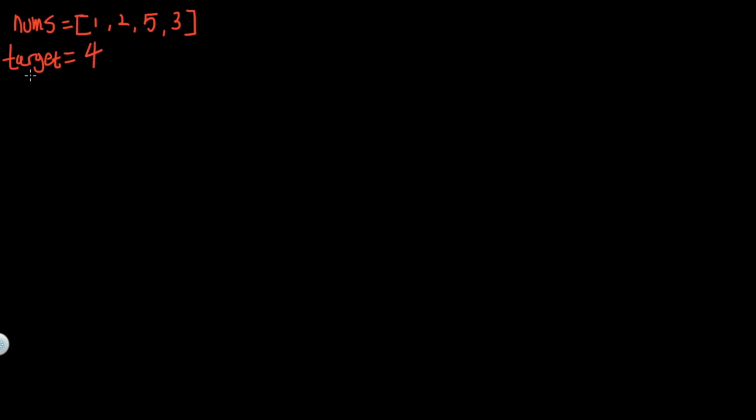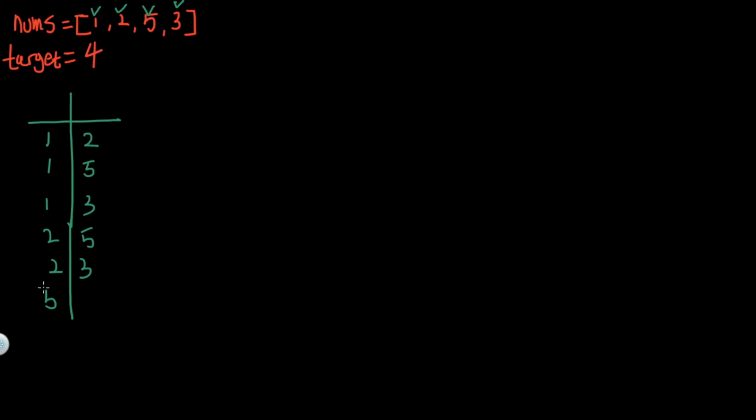So, all right, let's just try to solve it with a naive solution. The first thing that I can think about is to iterate over this array one by one, and just try all the combinations of the two sum. So the combinations are going to be something like this: 1, 2; 1, 5; 1, 3; 2, 5; 2, 3; and then 5, 3.